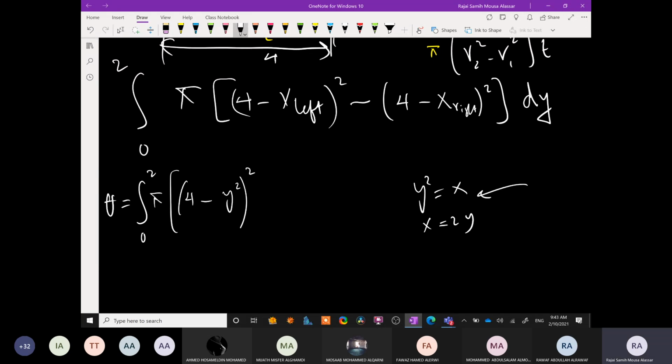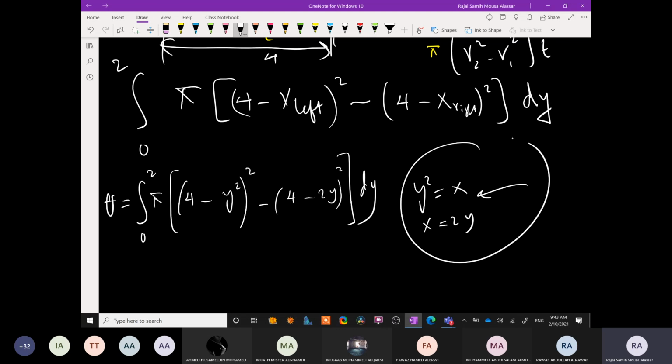Minus 4 minus x of the right function, which is 2y. And there is no need to change anything because we are integrating with respect to dy. And then that's it. You have it. If you do that at home, you get this number. Please check at home.